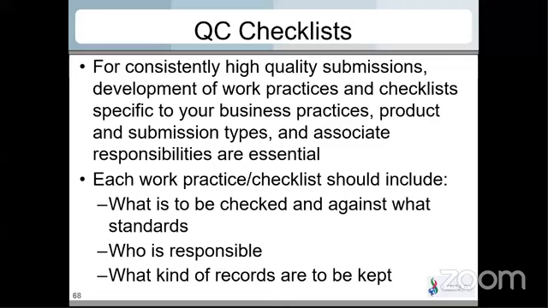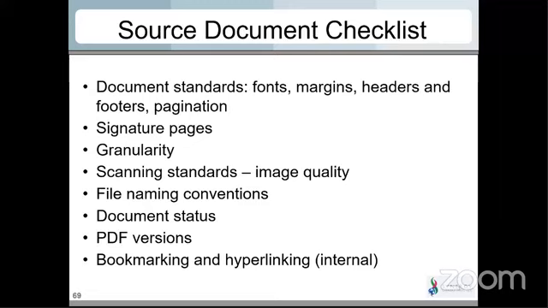I would recommend doing QC checklists so that you are consistently performing the same QC check regardless of who does it, checking against the appropriate standards. Who's responsible for doing it, and so forth, should all be included. This is an example of a source document checklist and what you would want to look at.